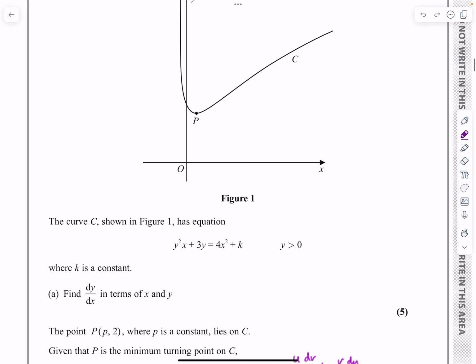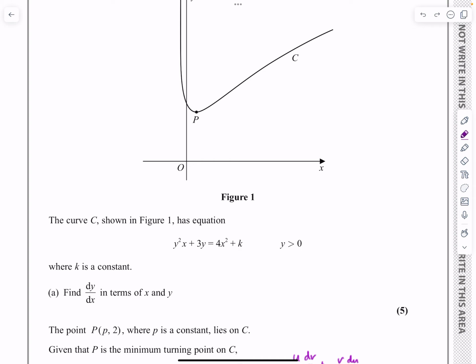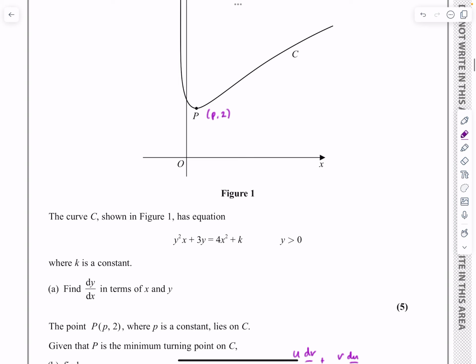Part B, let's have a look at it. It says point P, which has coordinates p, 2, is the minimum turning point. Well, if it's the minimum turning point, we know that happens when dy by dx equals 0, when the gradient is equal to 0 there.